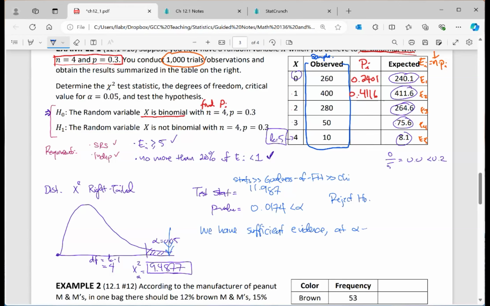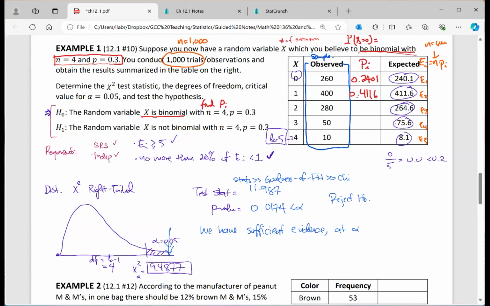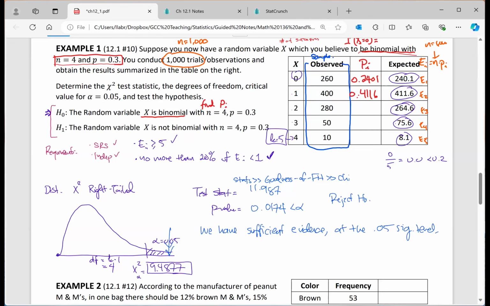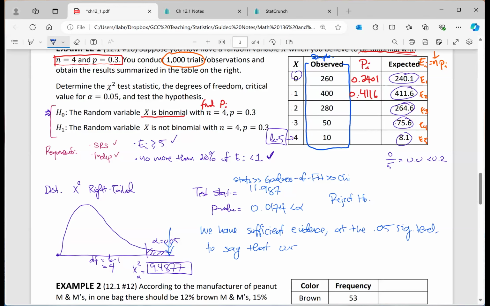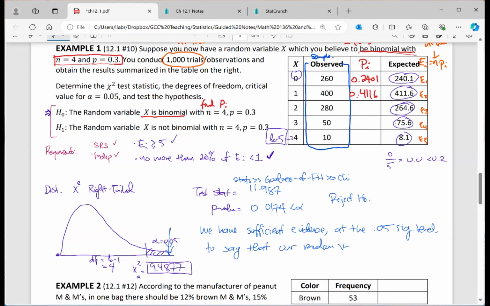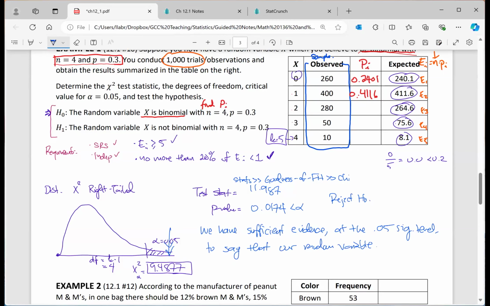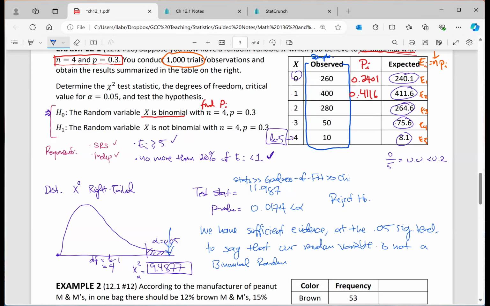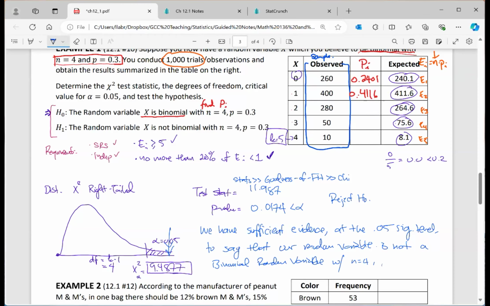We have sufficient evidence, at the 0.05 significance level, to say that our random variable is not a binomial random variable with those parameters, n is 4 and p is 0.3.